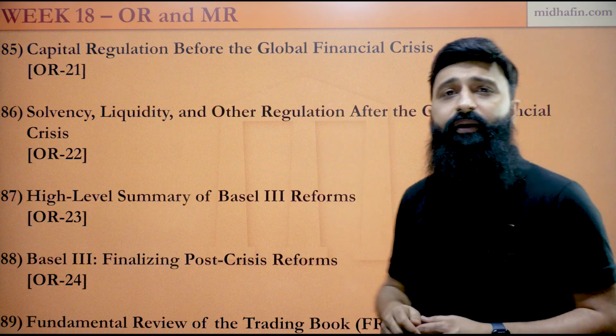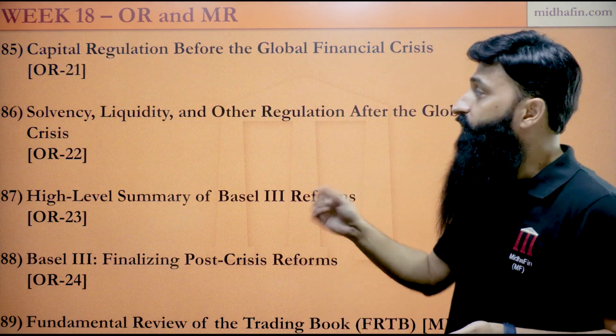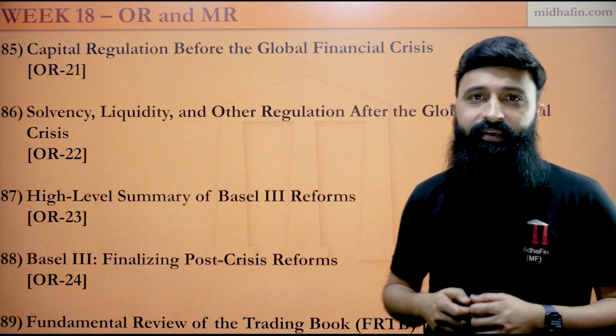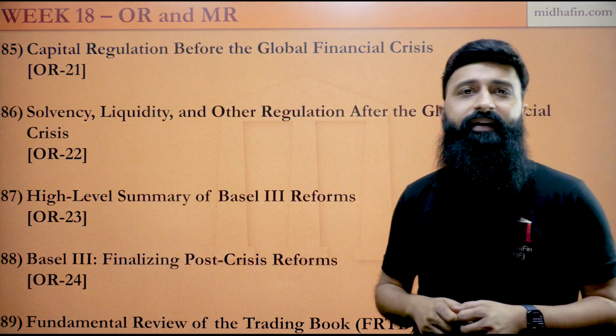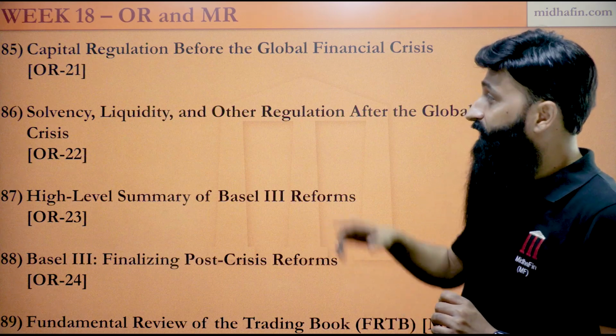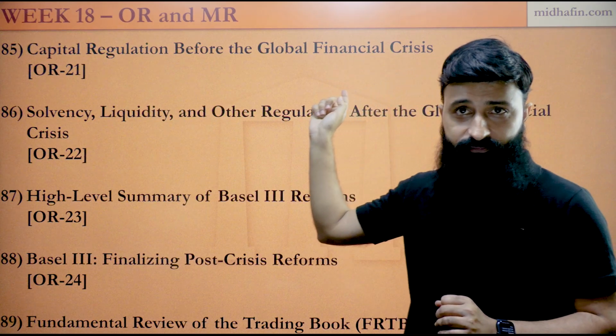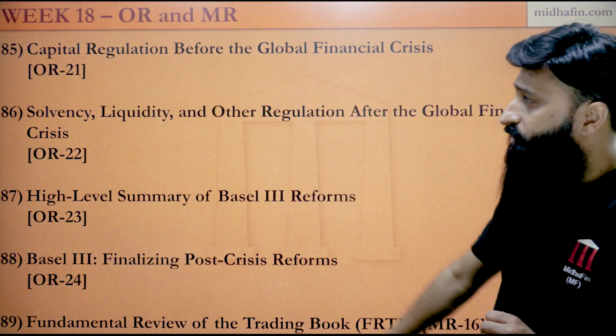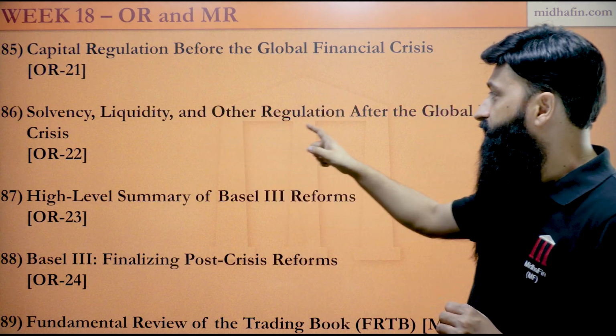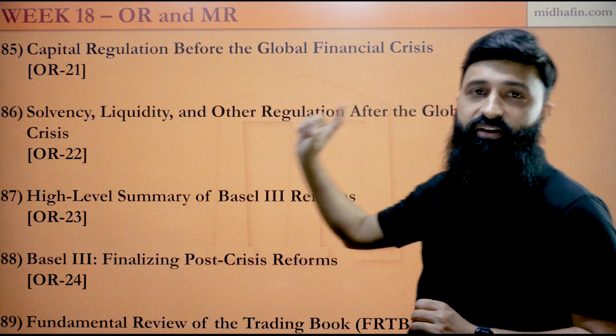So OR21 explains the motivations for introducing the Basel regulations, key risk exposures and calculation of risk weighted assets, capital requirements, all those things, okay, before the financial crisis. Got it? Then you have solvency, liquidity, and other regulations after the global financial crisis.